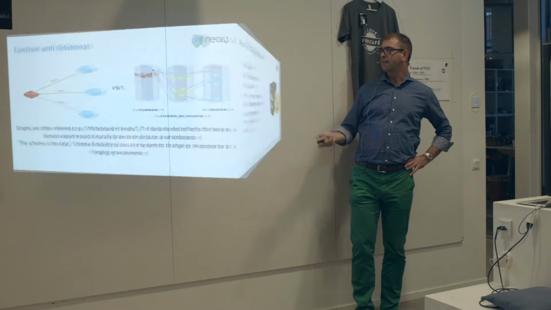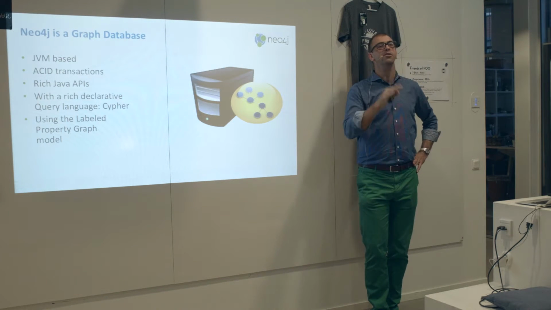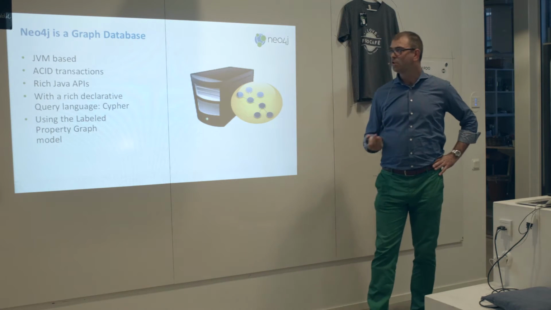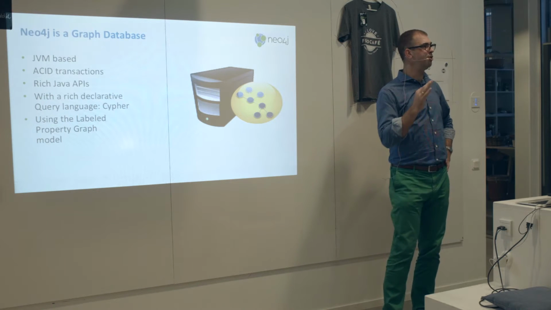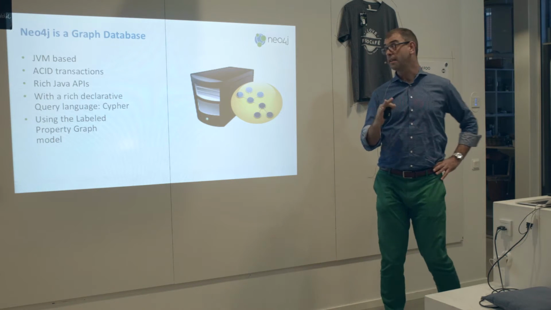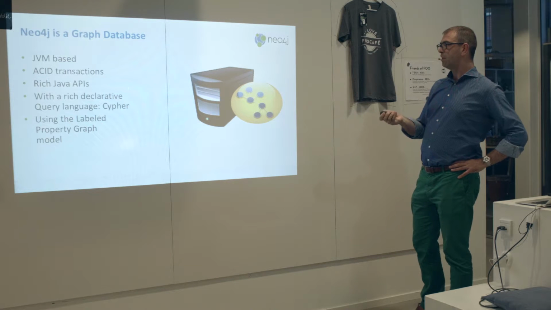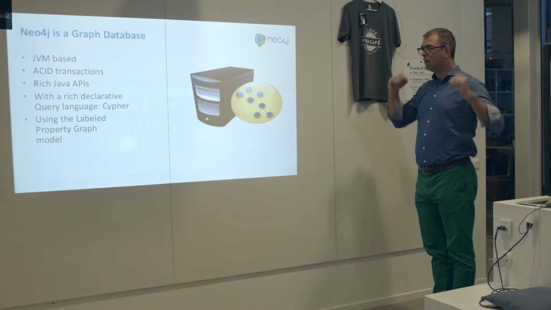And if you're not ACID, it's super easy to mess up the data. So it needs to be transactional. There are a lot of people in the industry that say, no, we can do a non-transactional graph database. Well, good luck, right? That's what I say, because it's really easy to mess it up. It's got lots of wonderful Java APIs for people that really want to go high performance.